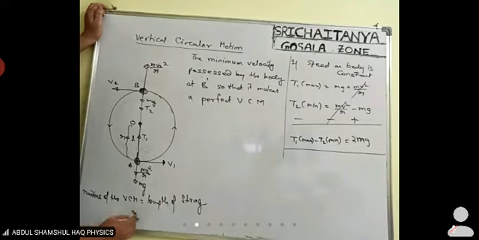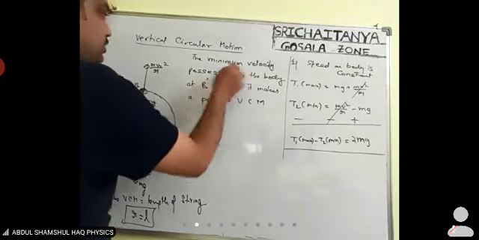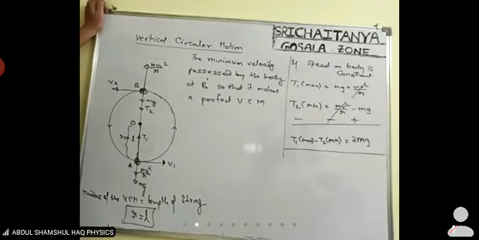The radius of the circular motion will be equal to the length of the string, R equal to L. We have to find the minimum velocity possessed by the body at B so that it makes a perfect vertical circular motion.